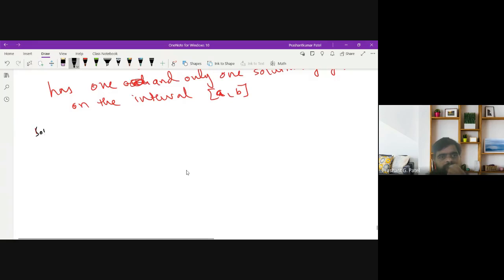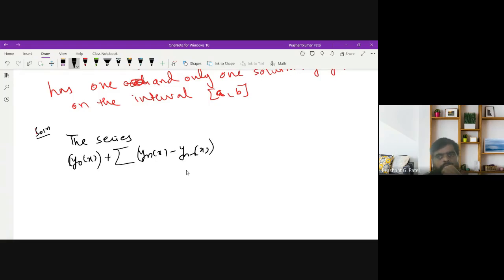Let us write that series: summation of mod of yn of x minus yn minus 1 of x, plus mod of y0. So this is the series for y of x. We have to prove that the series is convergent, or in fact uniformly convergent.